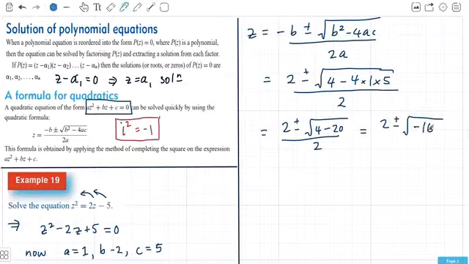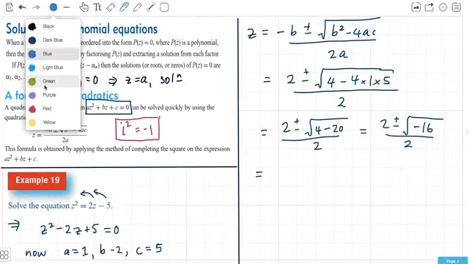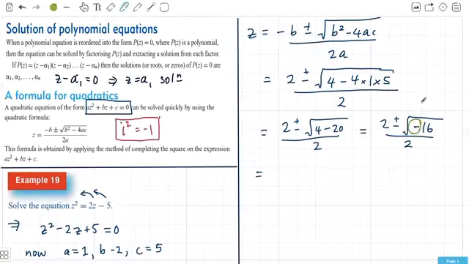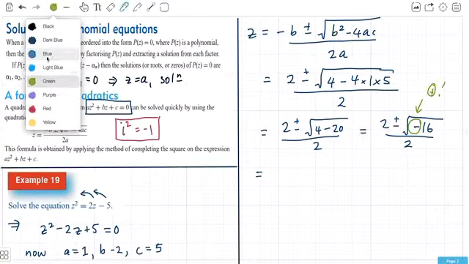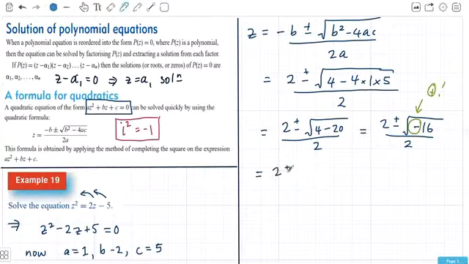Now this is where normally when you were doing your solutions for quadratics you'd be stuck because you can't continue from here. But we can now manufacture, like in other worked examples where we manufactured a minus so we could complete the square, this time we want to make this a plus. To do that we multiply this negative 16 by i squared, because we know that i squared is equal to negative 1.